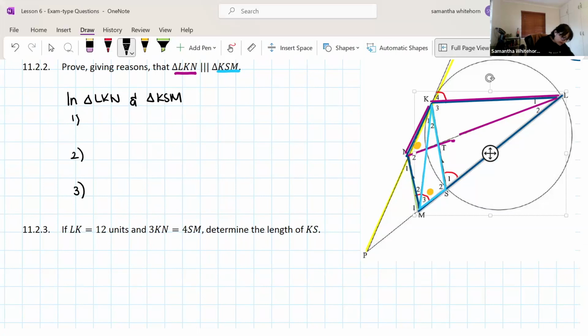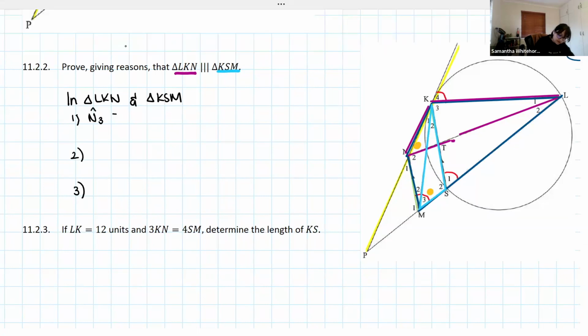So N3 is equal to M3, sorry, just want to make sure my numbers are right. And this is because of angles in the same seg. Right, so that's the first thing that I notice. Now we just need to be mindful of where we're working from there.